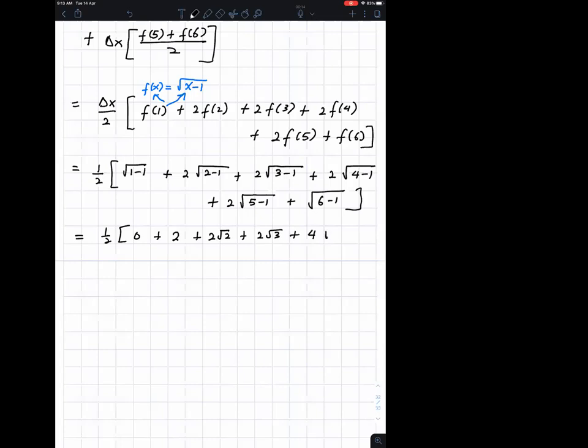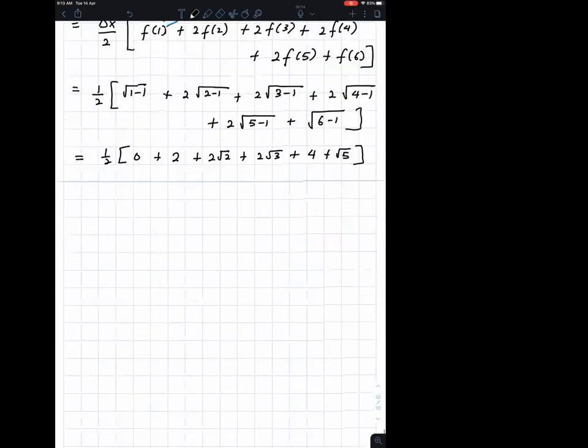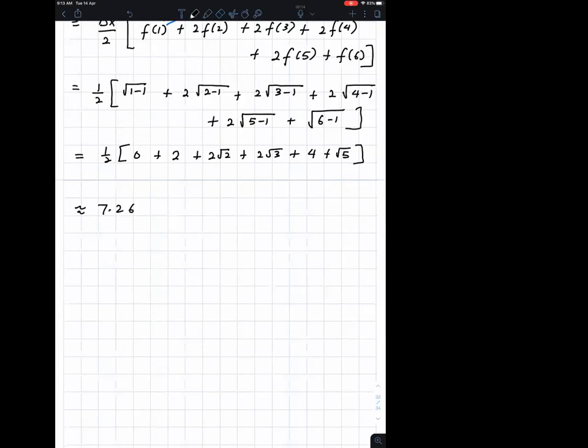And then the last one is just square root of 5. Okay, you punch it into your calculator, and the answer will just pop out. It's approximately 7.26.